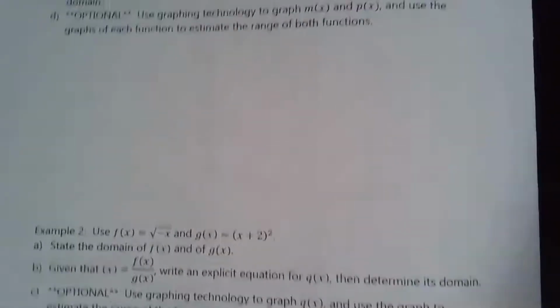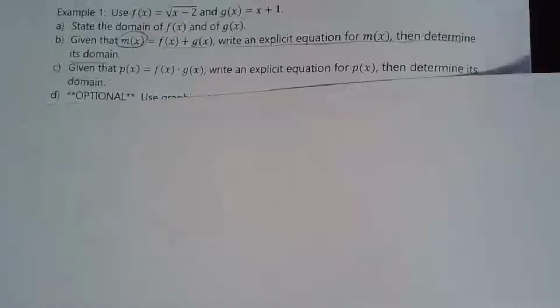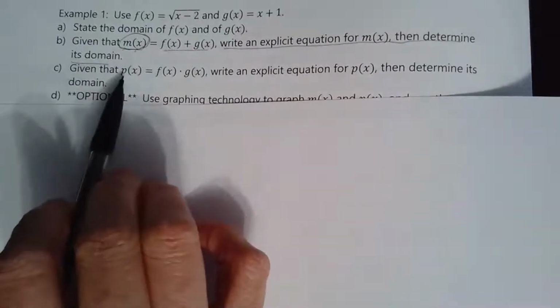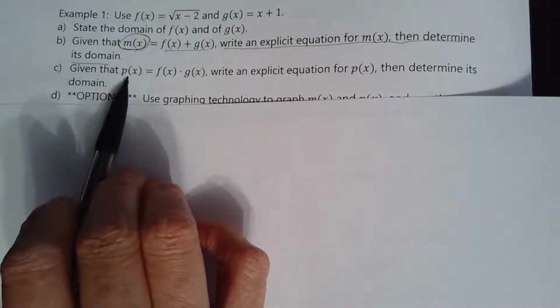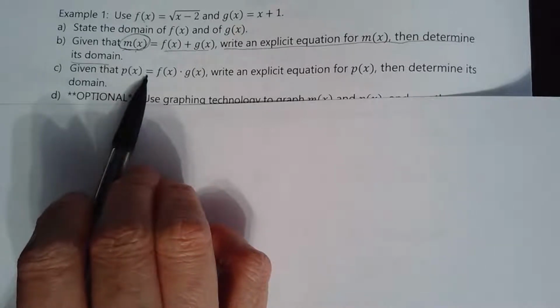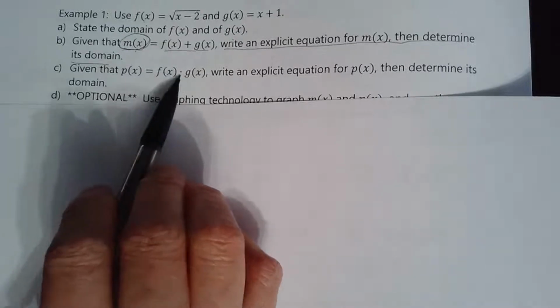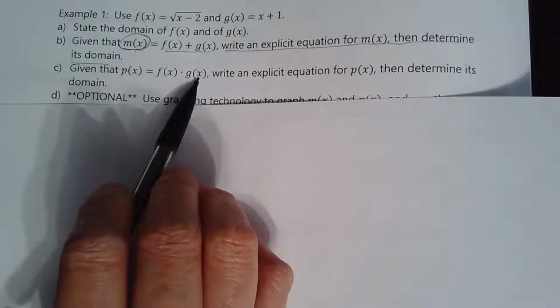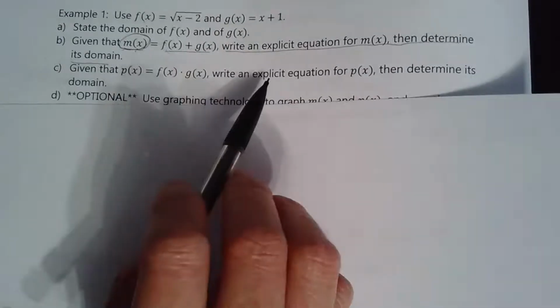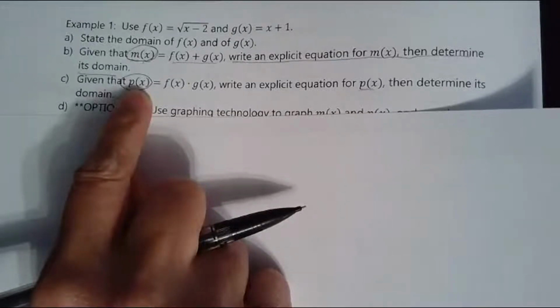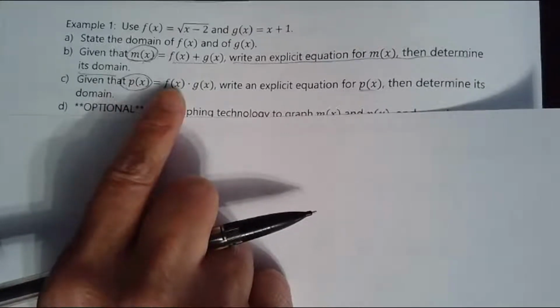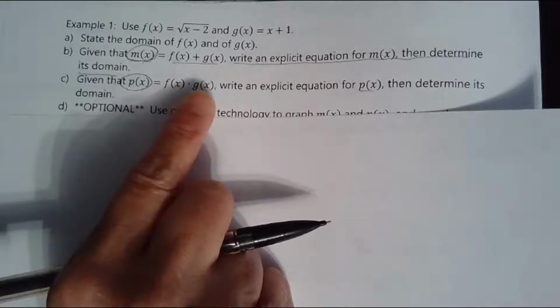Now let's take a look at letter C. I'm just going to flip it over. Let's read it together first. It says, given that P of x is equal to f of x times g of x, write an explicit equation.